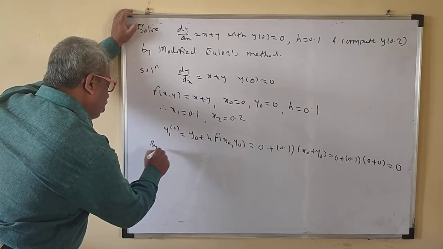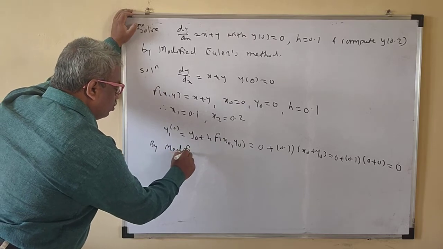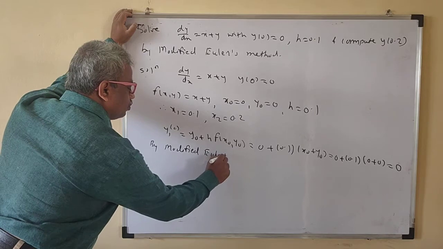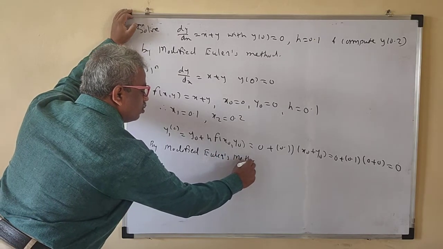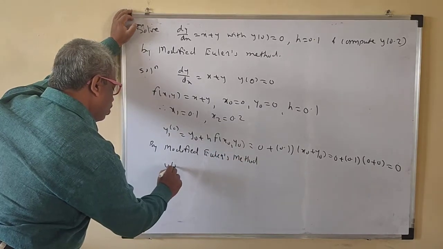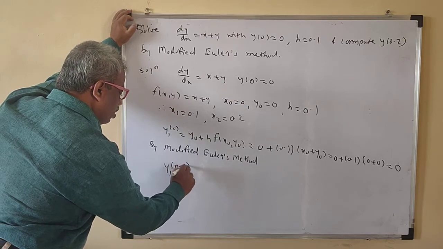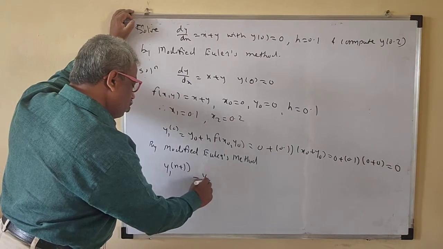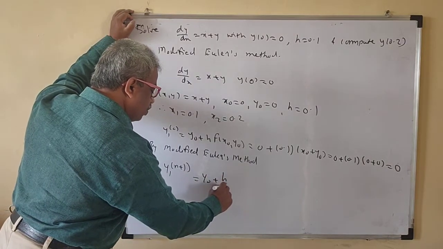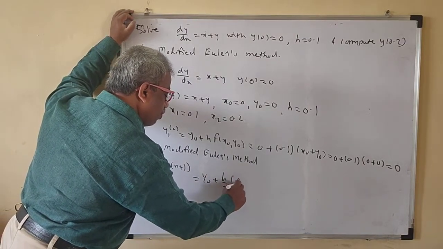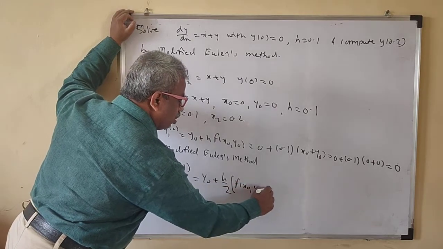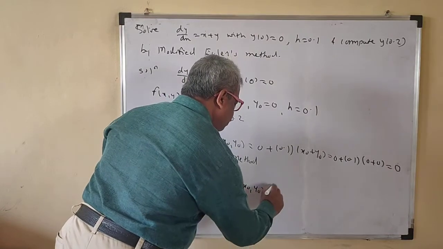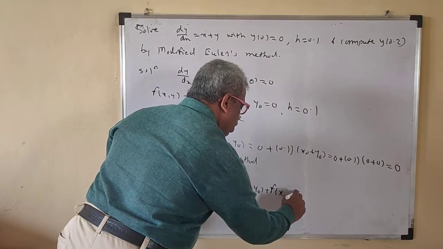Now by modified Euler's method, y1 of n plus 1 is equal to y naught plus h by 2 f of x naught y naught plus, this is not h here, f of x1 y1 of n.